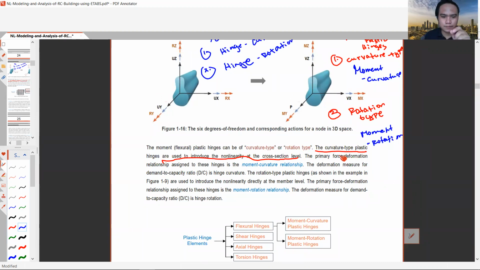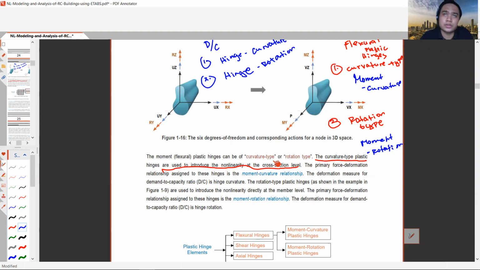The curvature type is used to introduce the nonlinearity at the cross-sectional level. That means the curvature type is what we use if we introduce the nonlinearity at the cross-sectional level, meaning the area and the inertia.